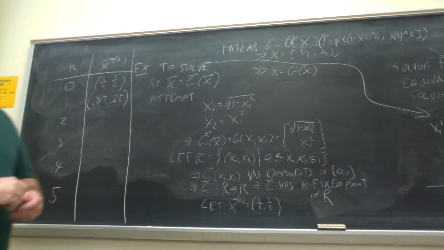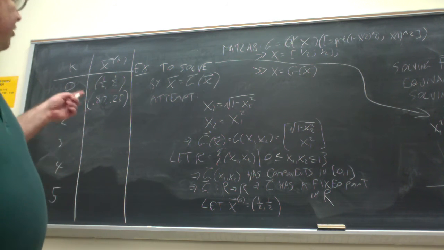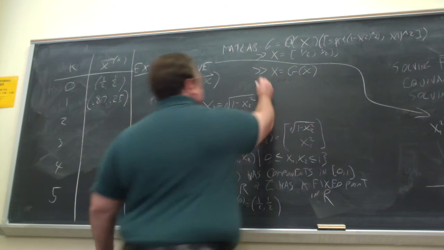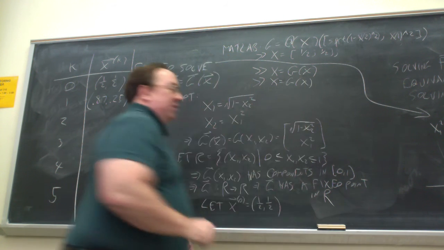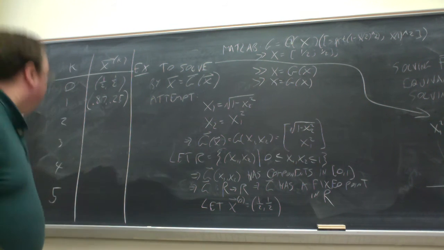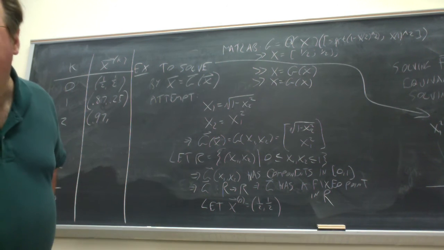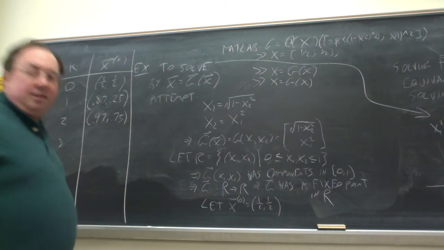And then if I keep doing this, x is overwritten with the new value. So now I just do this statement again. That's literally what I'm doing at the prompt, just repeating this statement. And I get 0.97, 0.75, kind of bouncing around.